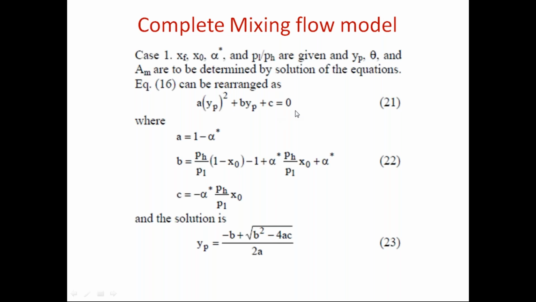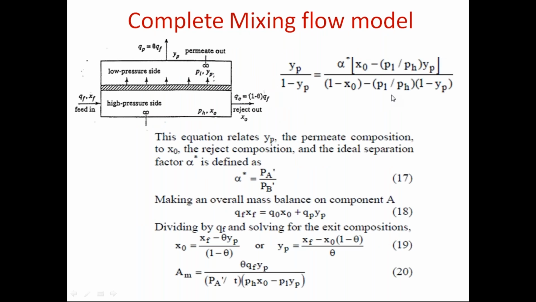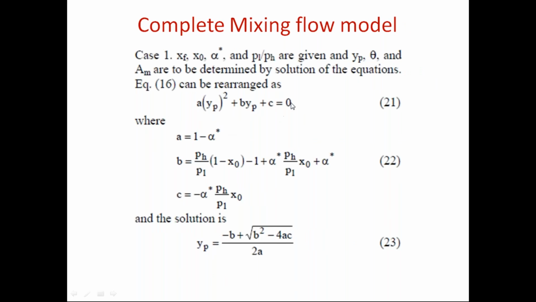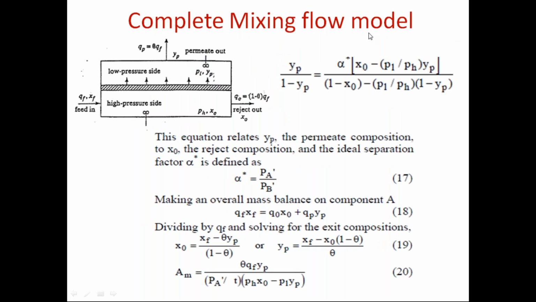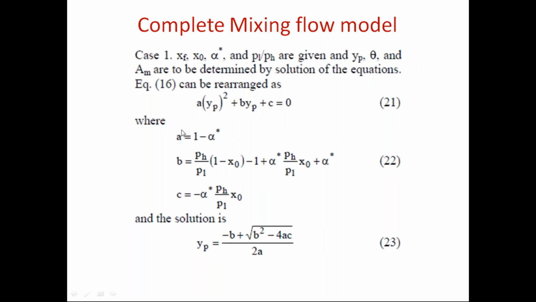Therefore, you can convert this equation into this form. This is Ax square plus Bx plus C. In this form, this is a quadratic equation. So once you put this equation in this form, then you can see what is A. A is 1 minus alpha star.